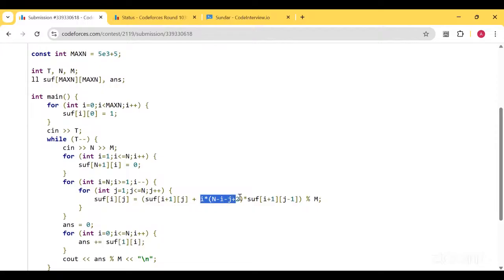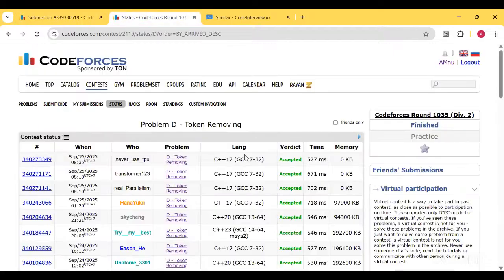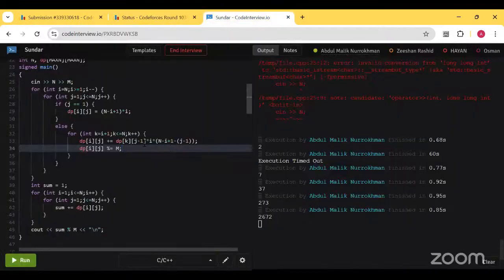And the formula is the same. I times n minus I minus j plus 2, right? I times n minus I minus j plus 2, because this is plus 1 and this is minus negative 1.